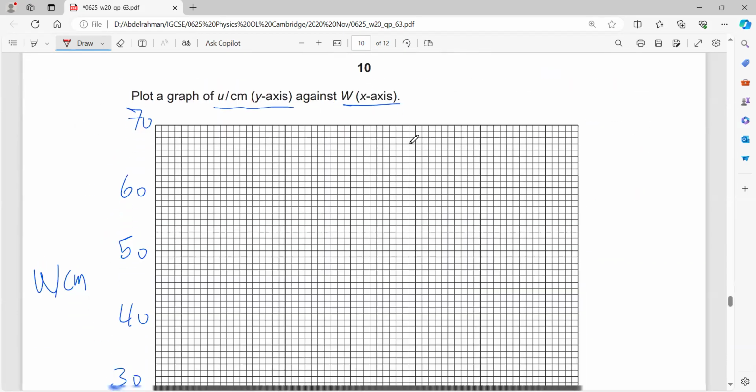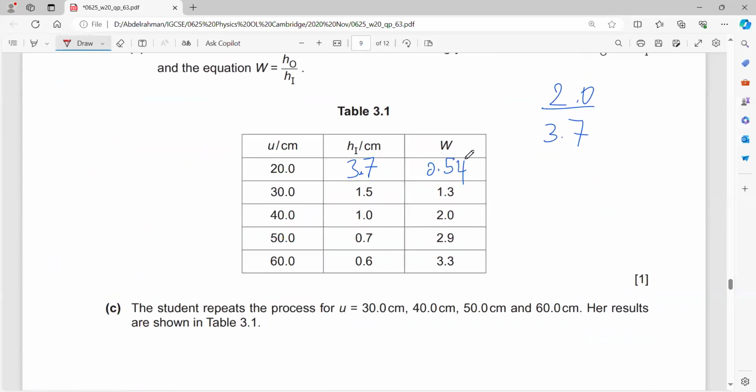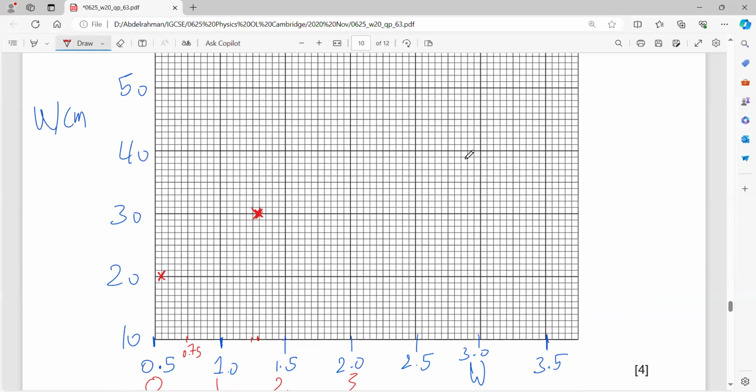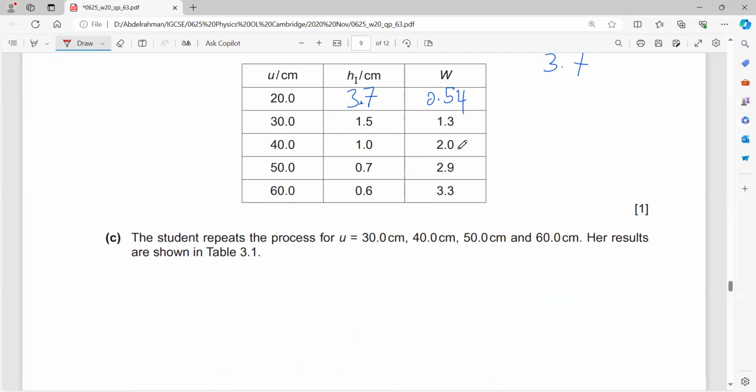Next one: 30 and 1.3. This is 1.25, and 1.3 is just after it. Then 40 and 2.0, which is easy. Then 50 and 2.9.